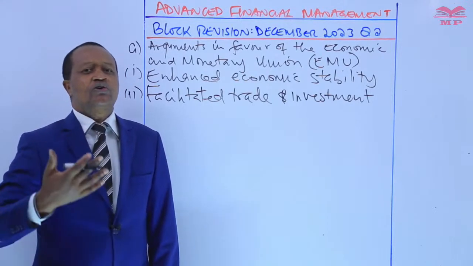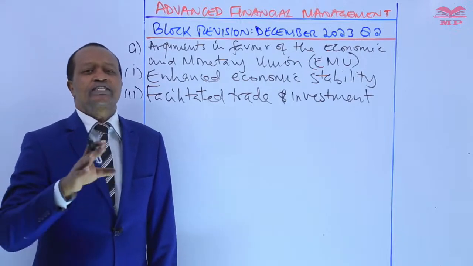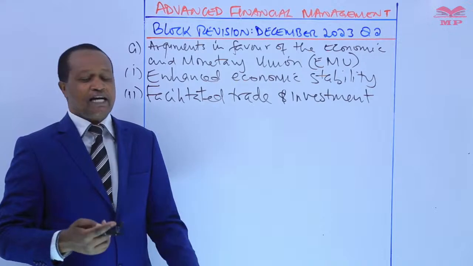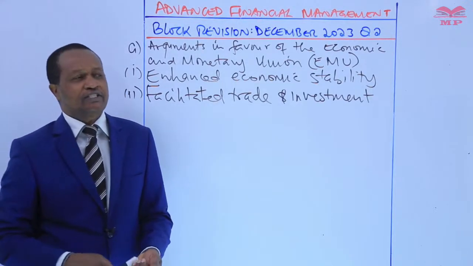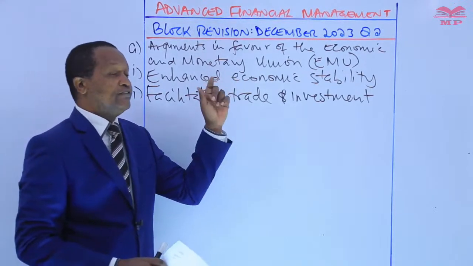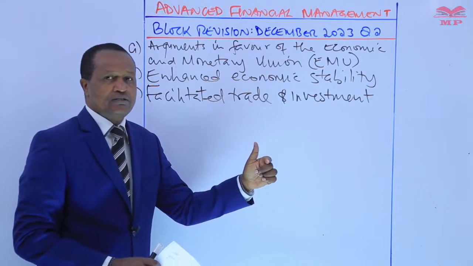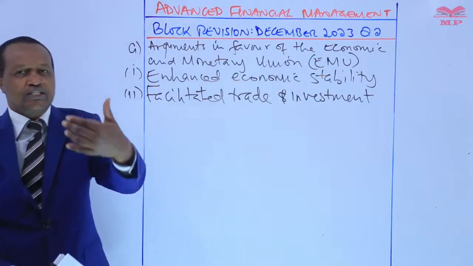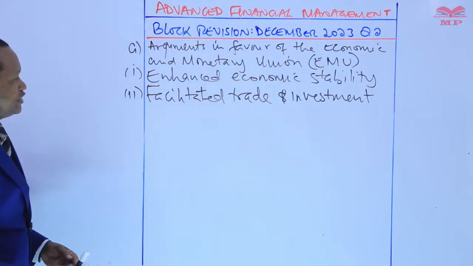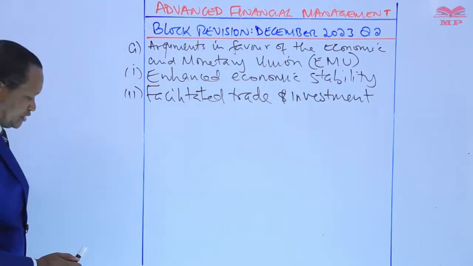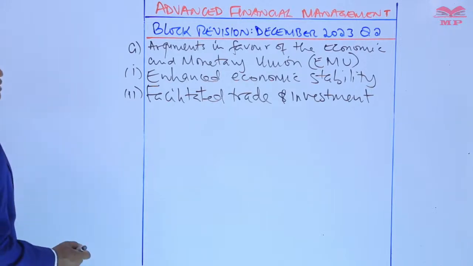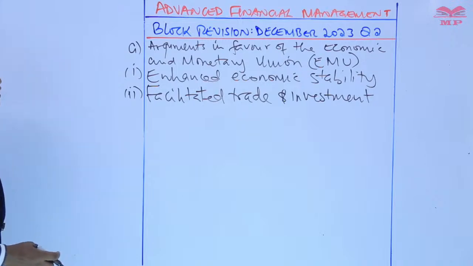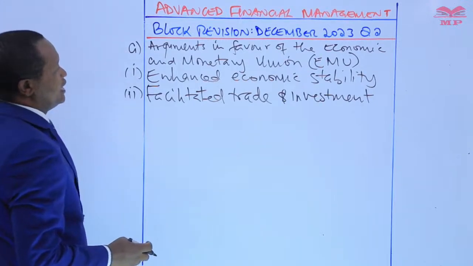Having a single currency reduces transaction costs and administrative burdens associated with currency exchange, and that facilitates trade and investment among the member states or countries, which then leads to increased economic integration and efficiency. So that is the second reason or argument in favor of the economic and monetary union.